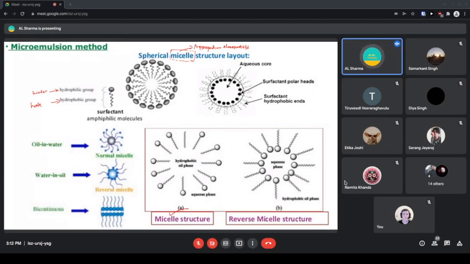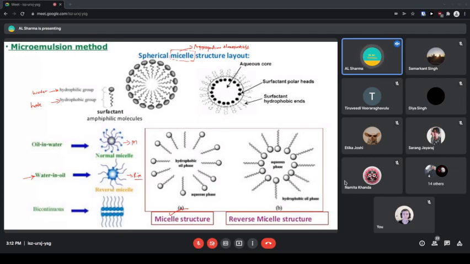If you put the water in oil, you are going to get this, and if you put the oil on the water surface, you are going to get that. So this is the micelle structure, and this is the reverse micelle structure.